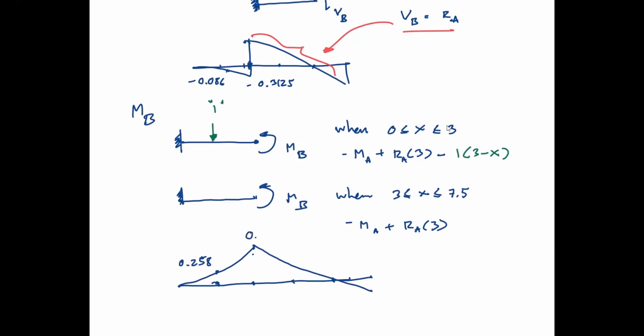This is 0.938. 0.4 minus 0.375. Okay, this is this, and this is that. Okay, so that's it. If you understand both patterns, you should be fine.